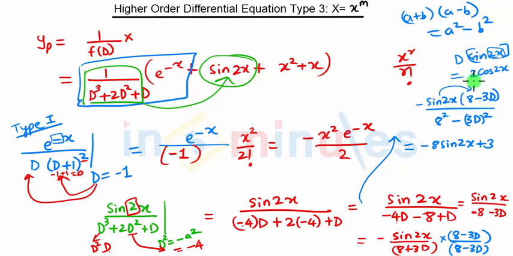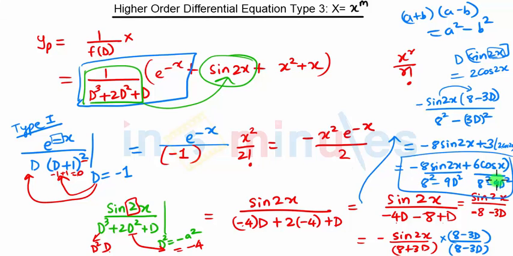So this will be 3 into 2 cos 2x. So this part will become minus 8 sine 2x plus 3 into 2, which is 6 cos 2x, upon the denominator, 3 square is 9, so 8 square minus 9d square. So we are considering this part.